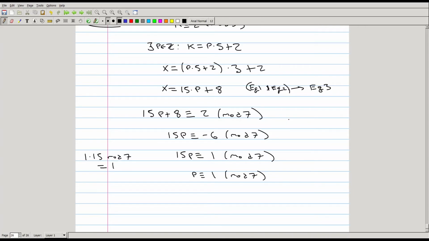And so x is just going to be equal to 15 times 1 plus 8, or 23, which is the same solution that we found using the direct method from our previous theorem.